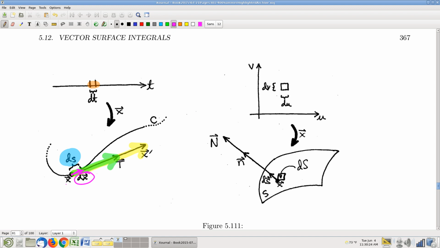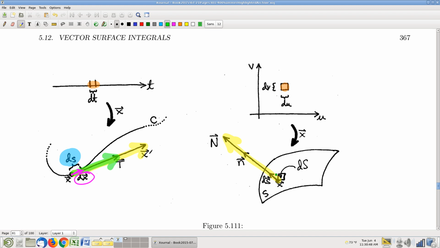Okay, now let me talk about the analogous objects, and I'll talk about what the analogies are once I get them all highlighted. The analogous objects over here in this parameterization: we have our capital N vector. We have our du dv area.